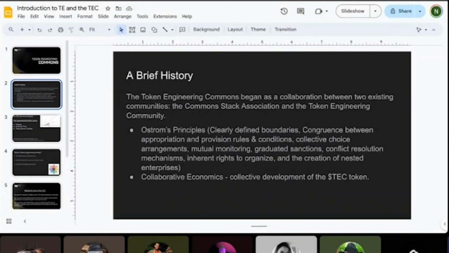It was one of the most interesting and impactful experiences I've ever had, in terms of seeing how collaboration works when designing the TEC token. We said, okay, we want to take Ostrom's principles and apply them to our community, and have this cultural build so people understand what we're building.